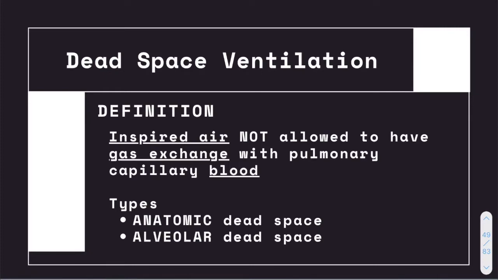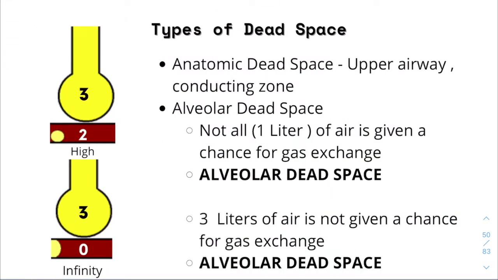You have your anatomic dead space and your alveolar dead space. Your anatomic dead space can be found in the upper airway and your conducting zone up to your terminal bronchioles. Once you have your respiratory bronchioles, it is now considered as your respiratory zone, so that is not included.